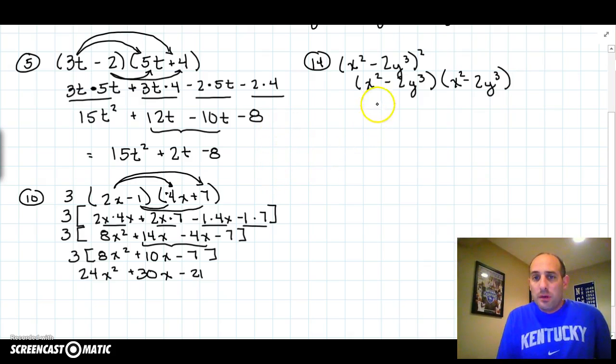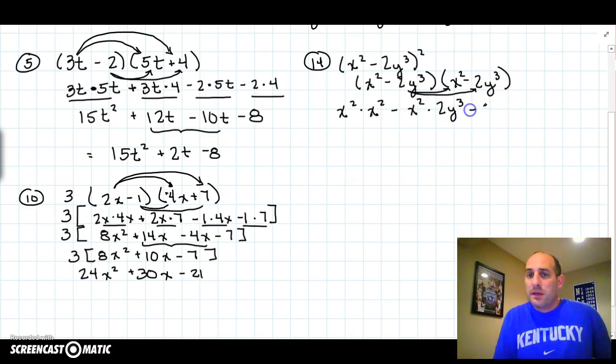So I can do x squared times x squared to start with because that's my first term. And then I'm going to do that x squared times this negative 2y cubed. So it's x squared times negative 2y cubed, which is why I'm going to put a minus sign out front. Then I'm going to do this guy times here and here for my next part.